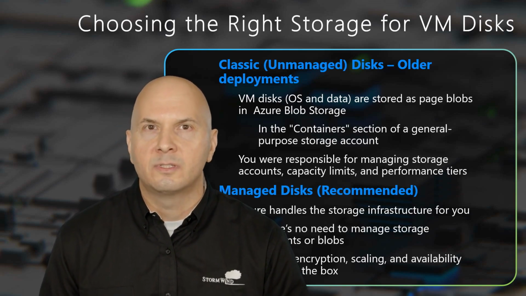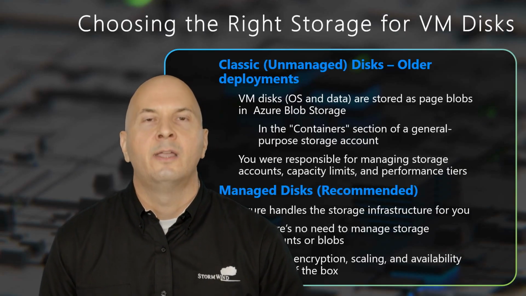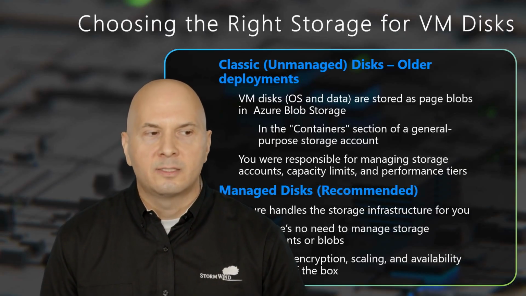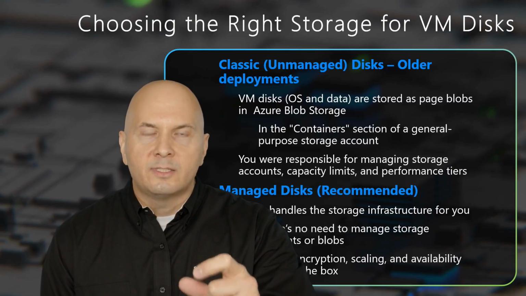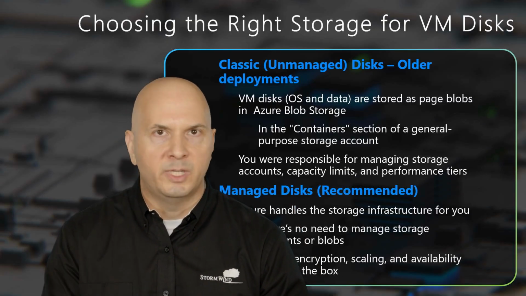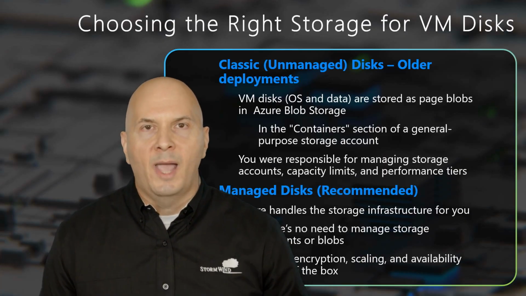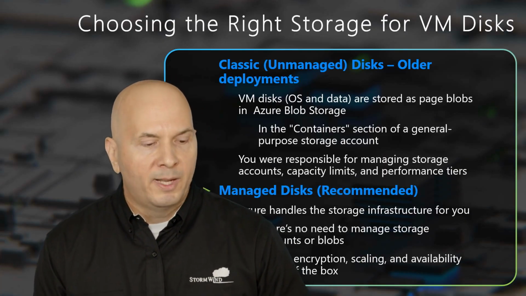Anybody know what IOPS is? IOPS, input output operations per second. How much can I read and write to that disk? You tell Microsoft what you need on the disk level, and then they'll figure out on the back end how many storage accounts need to be created to work with all that. And so it's all completely automatic from that point. That's the much better way to go.